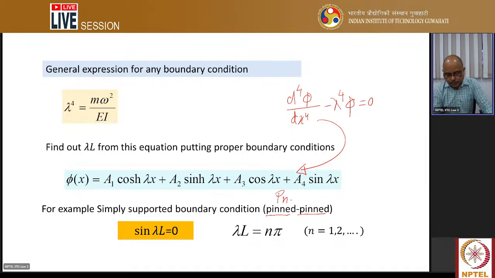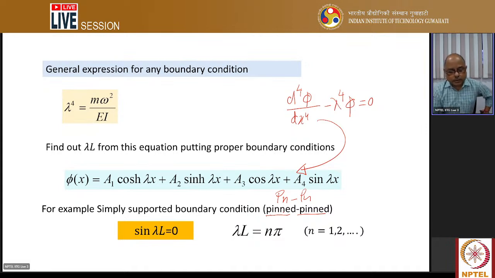Sometimes it is written as P-P in some books. Suppose a beam is fixed at both ends, then we can write fixed-fixed or CL-CL, where CL means clamped, so both ends are clamped.